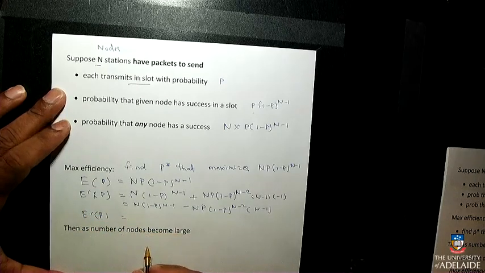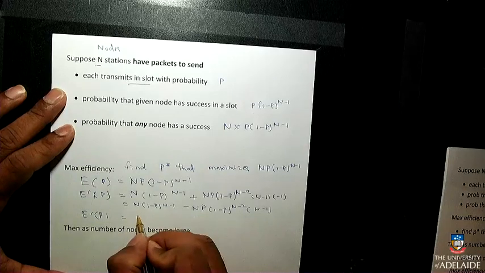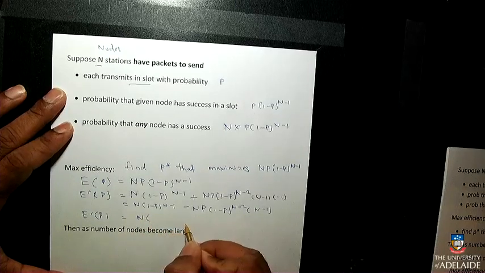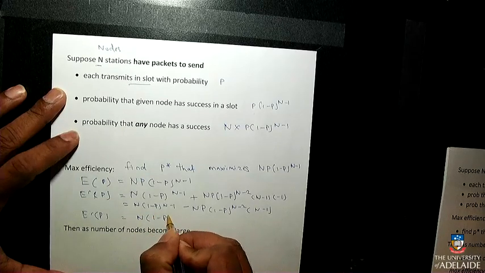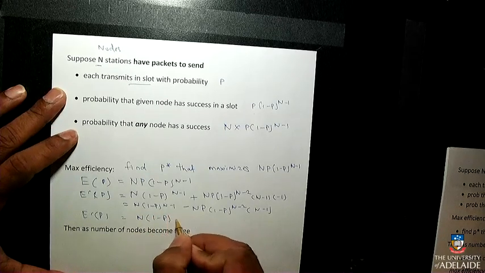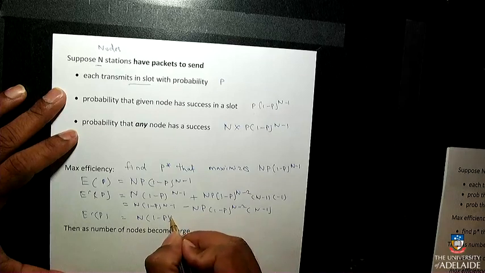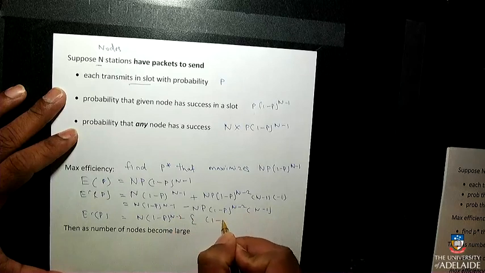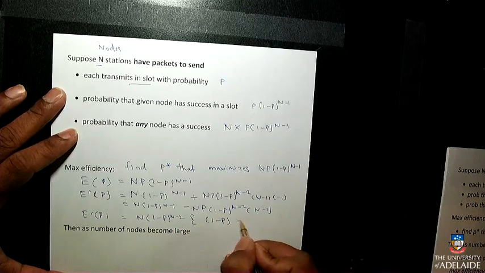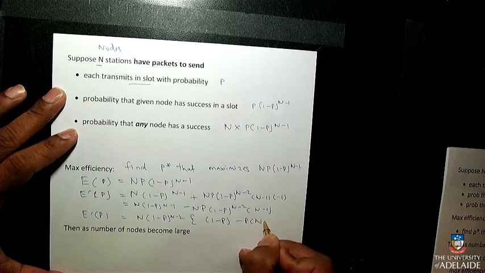So here's the tricky part. (n - 2), (1 - p)^(n-1).